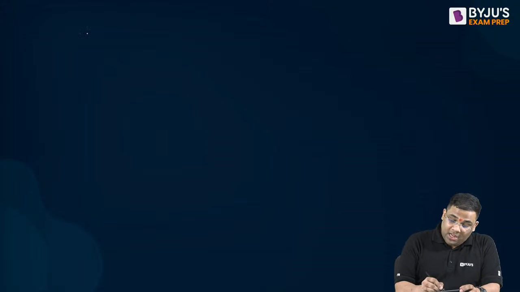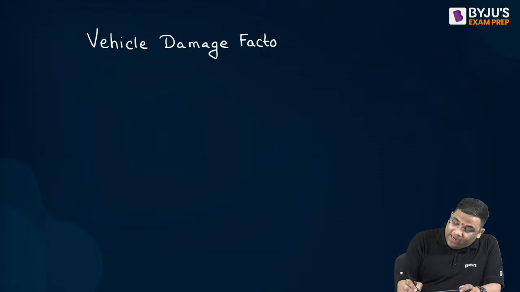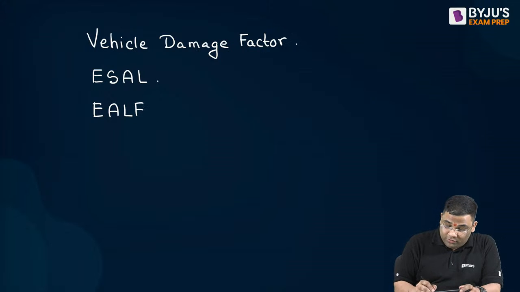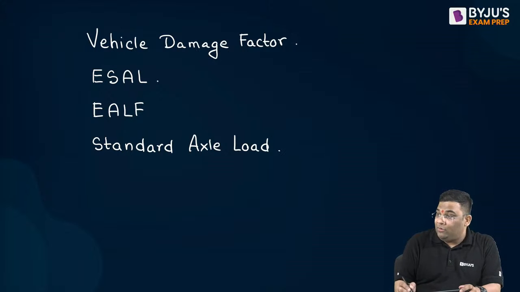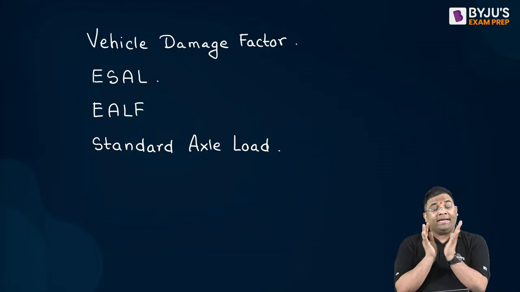First, in the comment section, I want you to define vehicle damage factor. See, nice revision, right? After the class, you have a job also to do. So define vehicle damage factor, define what is ESAL, define what is EALF, and then define your standard axle load. If you do this activity, you will get revision, because only attending the session will do what?